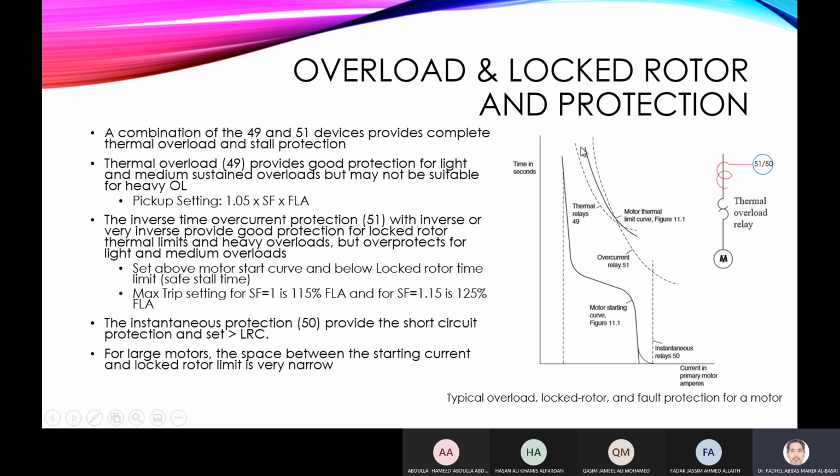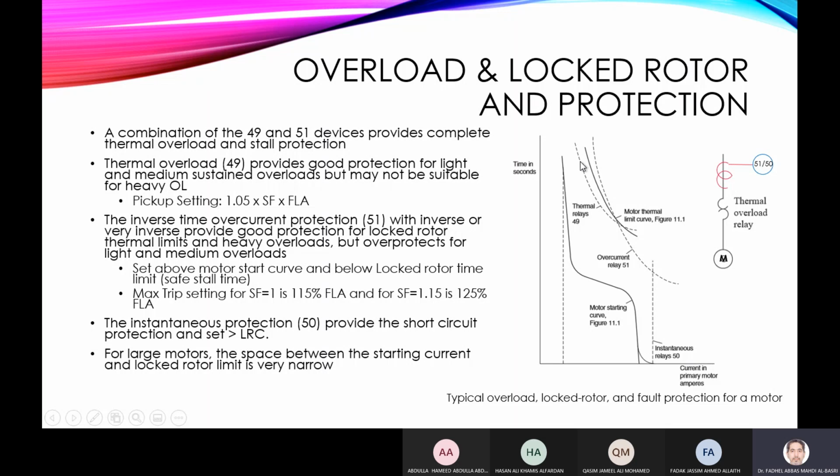So how do we set the normal overload setting? Normally the 49 elements are set at 1.05 or 105% times the safety factor times the full load current. Why take a safety factor? Because, as I mentioned, we shouldn't trip the motor when the current is within the safety factor. So either this is 1 or 1.15.